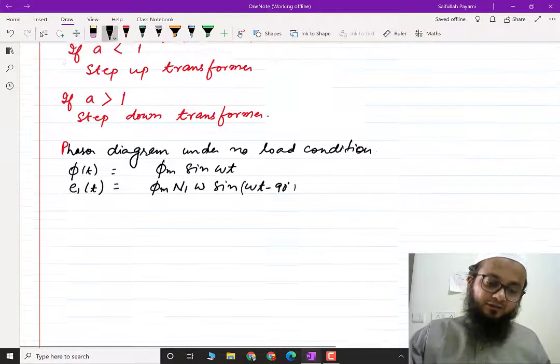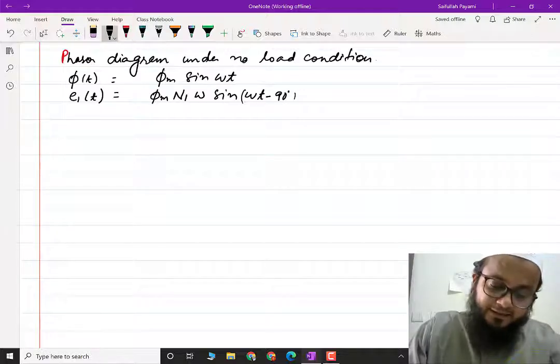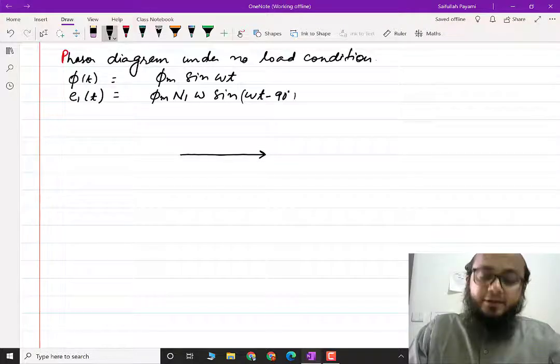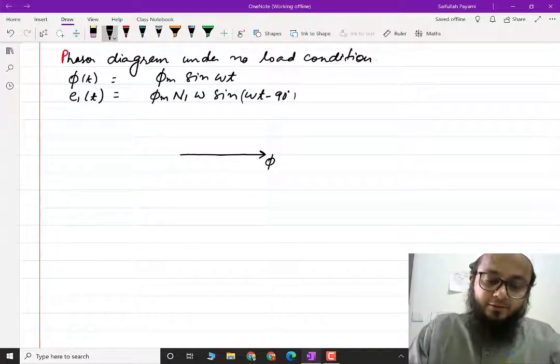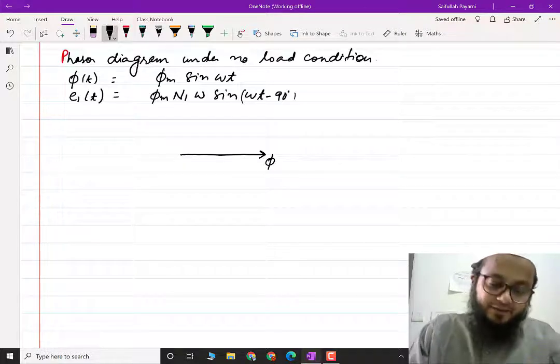If you want to draw the phasor diagram, I'm taking the flux phi as reference.